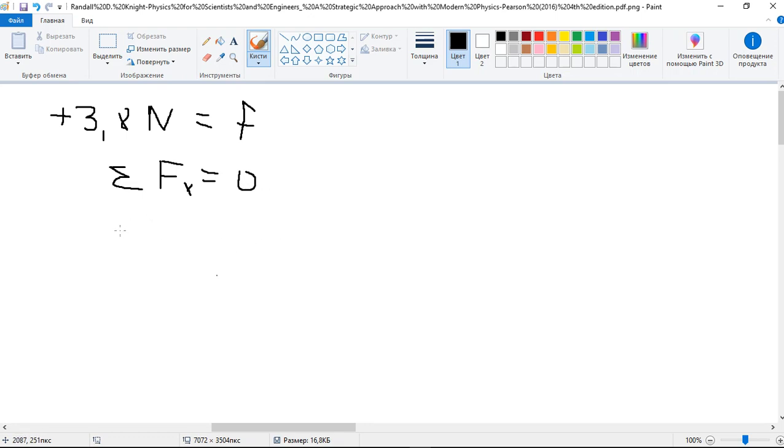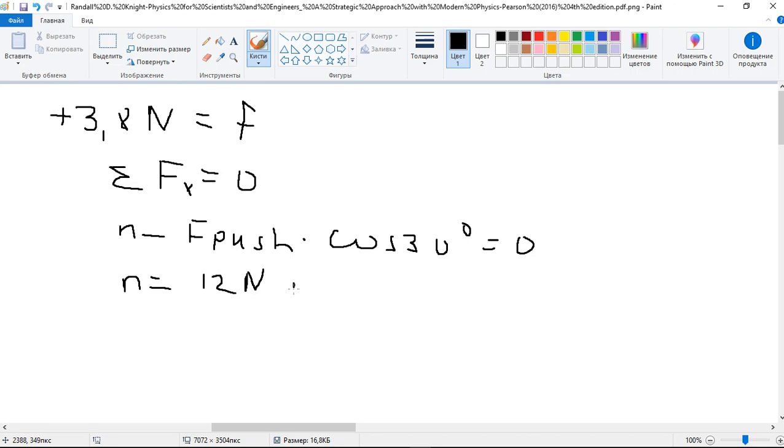So the normal force minus F push multiplied by cos 30 is 0. We need to find the normal force, and it is F push, 12, times cos 30, and it is equal to 10.3923 Newton.